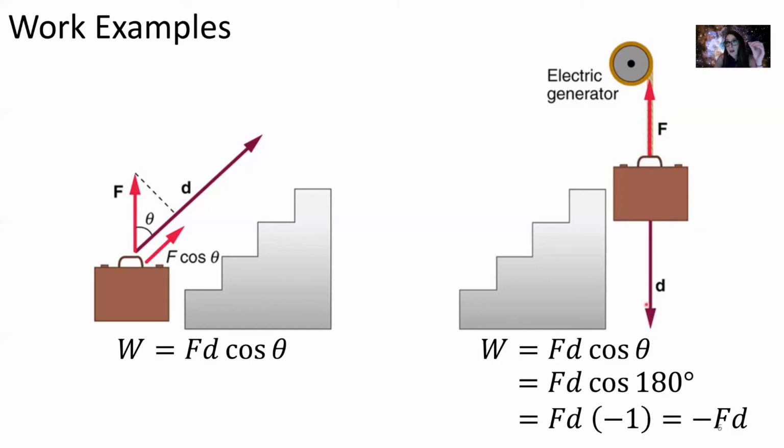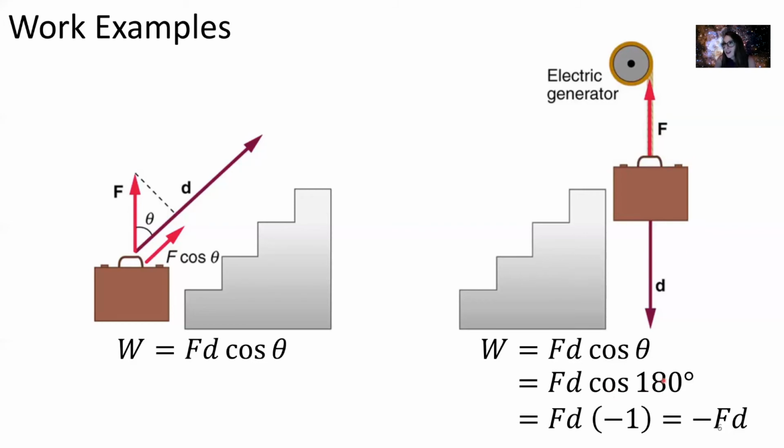So if we're thinking about the work that we're doing, we've got the force, which is the tension on the rope here, times our displacement. We're moving downward. This is our direction down. Cosine theta. So this time our angle theta, our angle between our applied force and our displacement are opposite of each other. That means that the angle between my displacement and my force is 180 degrees.